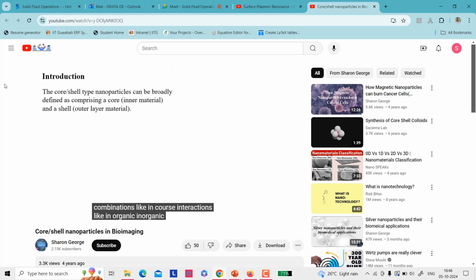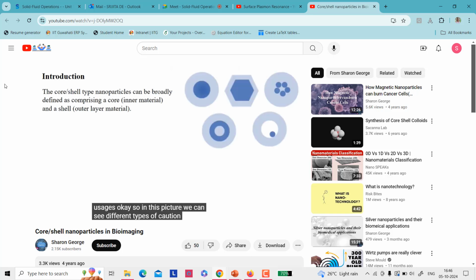Second one is the hexagonal shape. Third one is multiple particles in the core with one cover from the outside. Another is the two core shell. And another is a particle, then around it a hollow, and then a shell. So these are the different types of core shell particles formed.